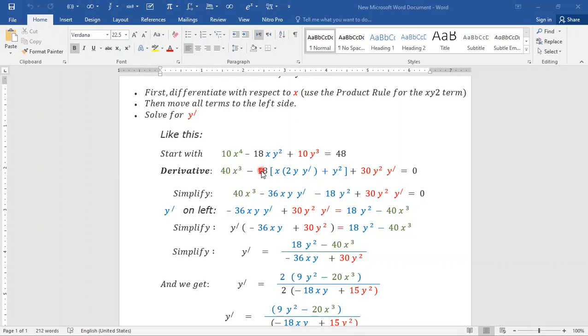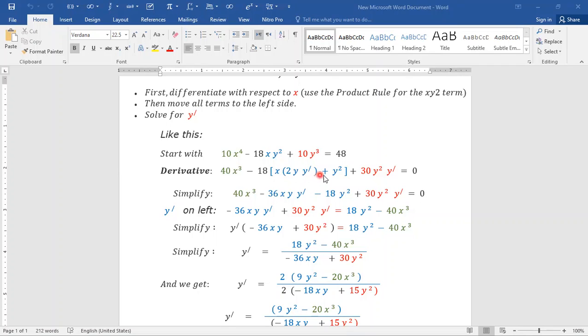Leave this 18 outside, open bracket, and find the derivative of this one. Product rule: first, x, times derivative of second, 2y y prime. We add y prime after each derivative of y.